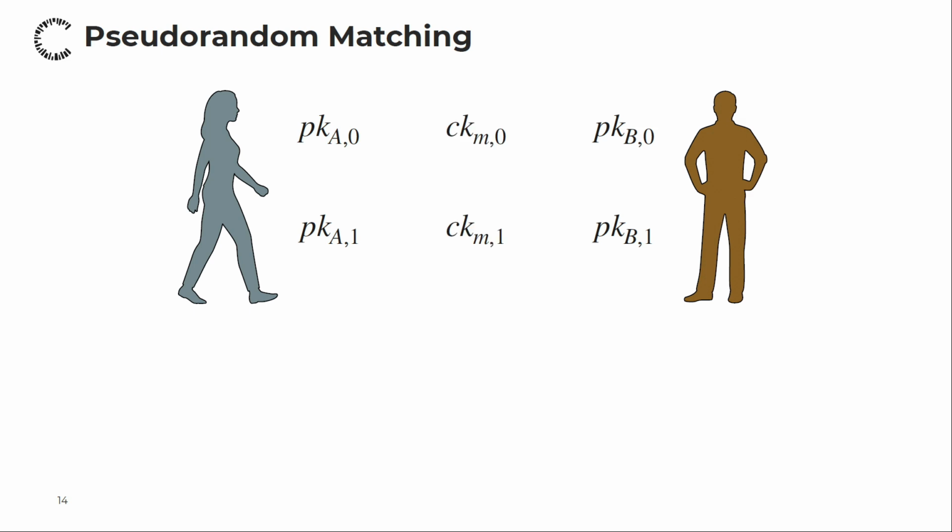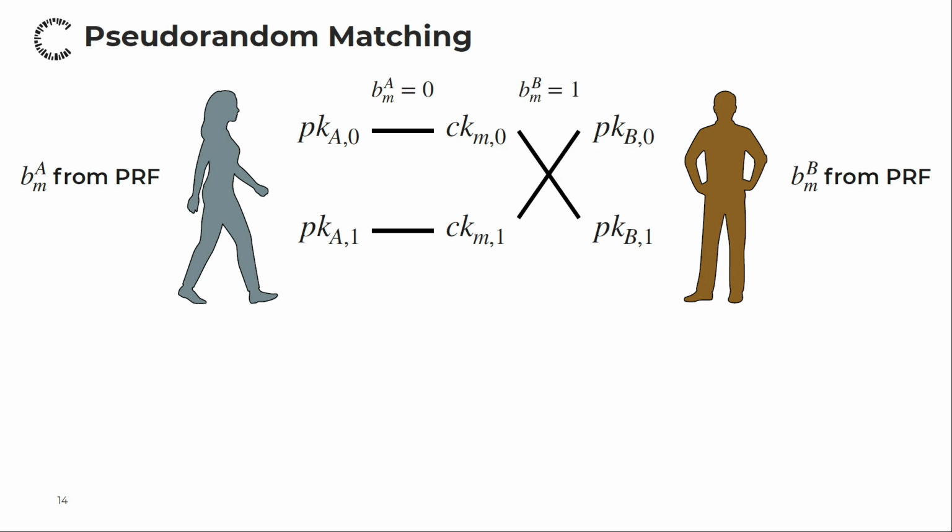And now what they will do is they will interact in this protocol from before, but 2 times in parallel, using one of their public keys in each one. And to decide which public key to use with which commitment key, they flip a pseudo-random bit. So let's say Alice flips this pseudo-random bit, and let's say, for example, it is 0, then she will use her public key 0 with commitment key 0. And say Bob flips bit b equals 1, then he will just match commitment key 0 with public key 1.